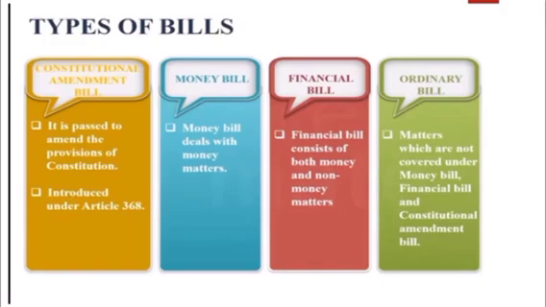Money Bill deals with money matters. Financial Bill consists of both money and non-money matters. Ordinary Bill covers matters which are not covered under Money Bill, Financial Bill, and Constitutional Amendment Bill.